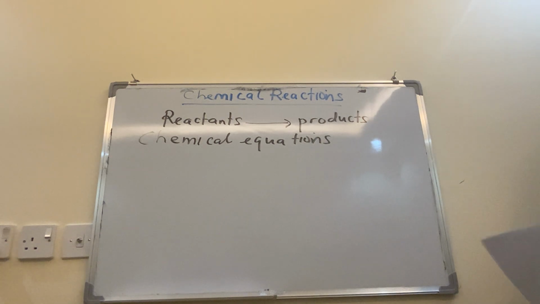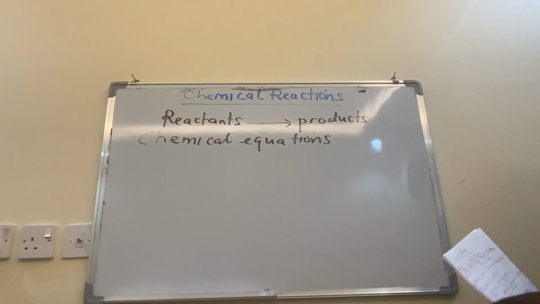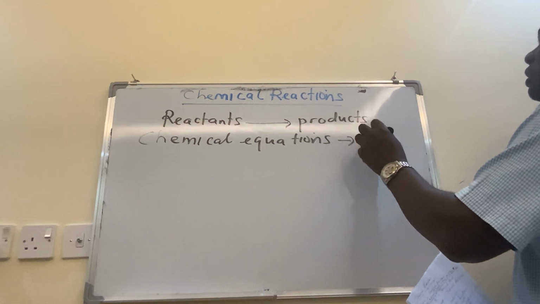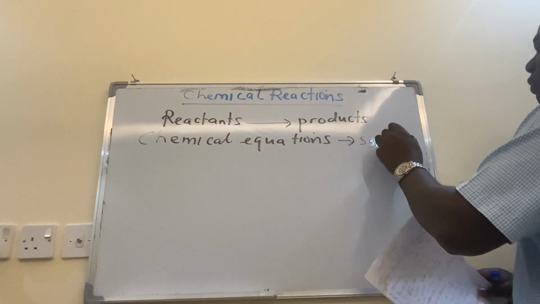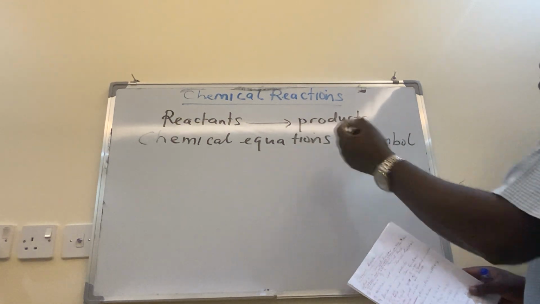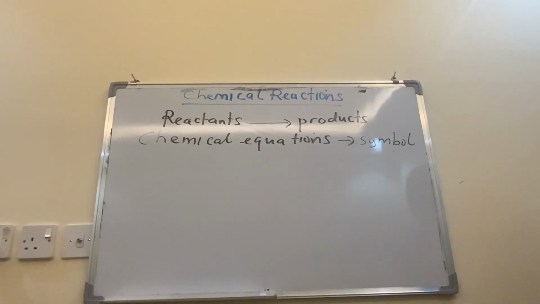Some of the chemical formulae which we are going to write in our chemical equations, we derive using methods that we studied in other topics. Of course, we can have a simpler version of chemical equations, which is a word equation, whereby we are going to be writing only words.